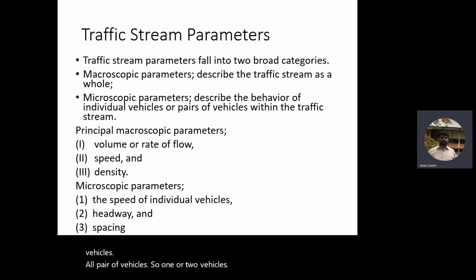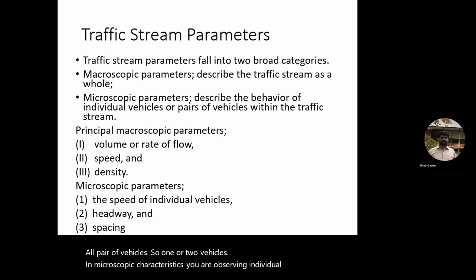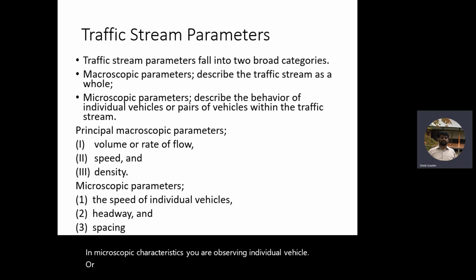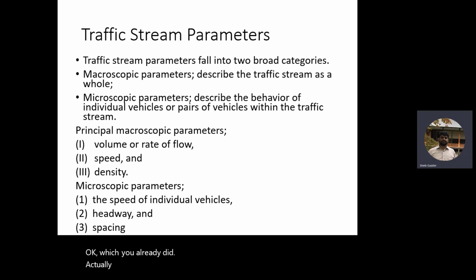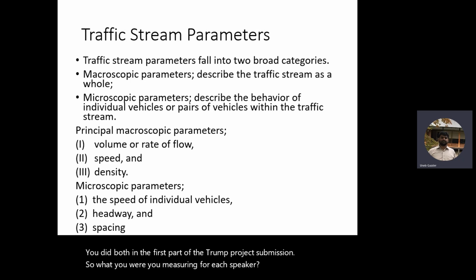In microscopic characteristics, you are observing an individual vehicle or a pair of vehicles. You already did both in the first part of the term project submission. So what were you measuring for each vehicle? Speed. The speed of each vehicle is a microscopic parameter.